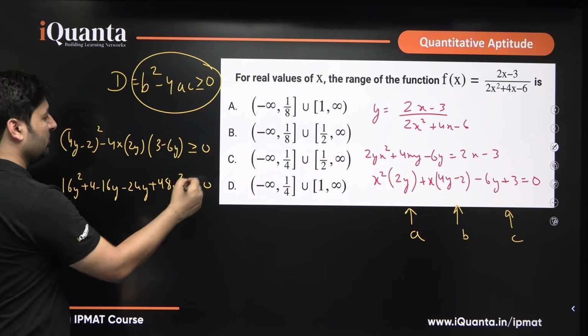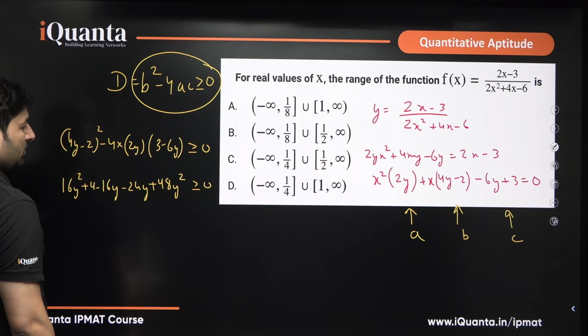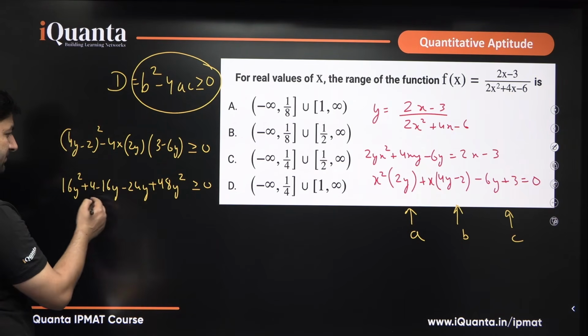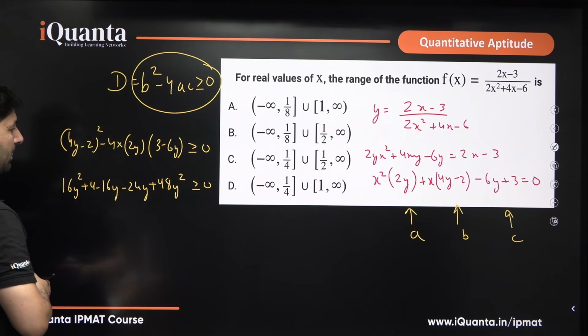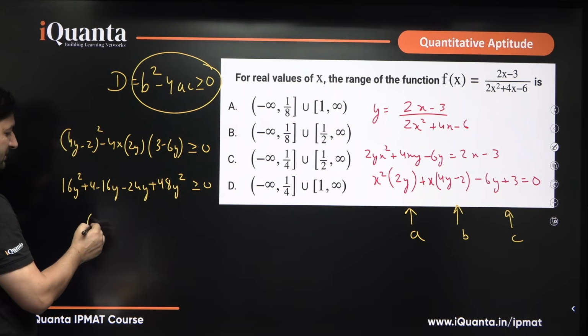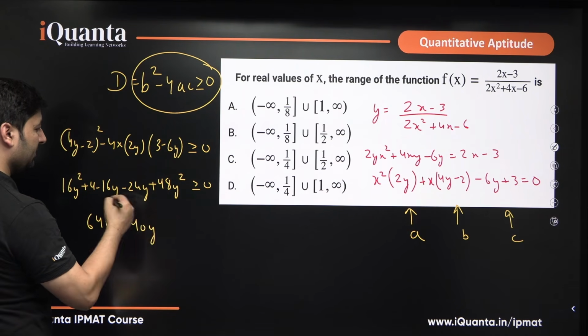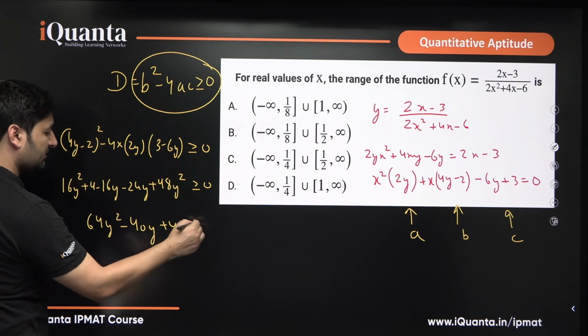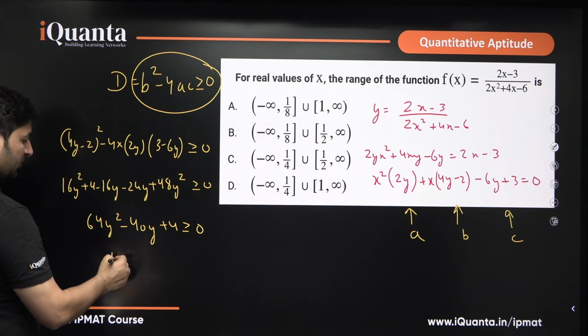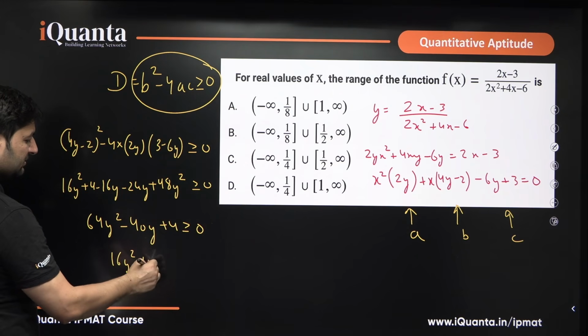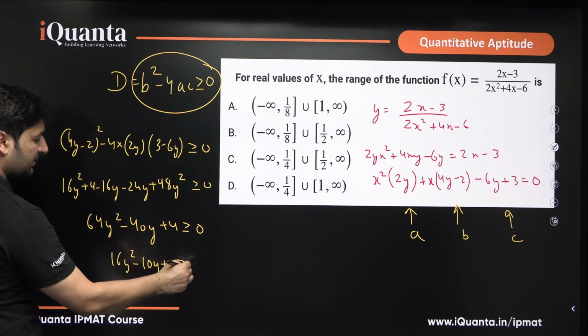This is greater than or equal to 0. What do you get from here? You get 64y square minus 40y and then plus 4 greater than or equal to 0. If you take 4 common, you get 16y square minus 10y plus 1 greater than or equal to 0.